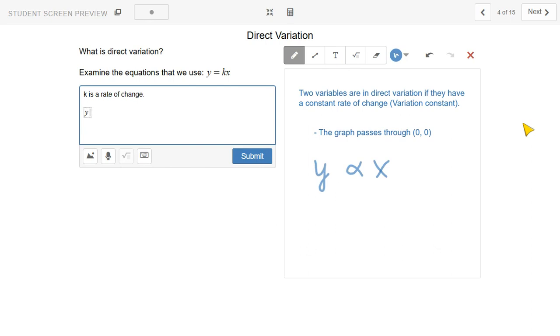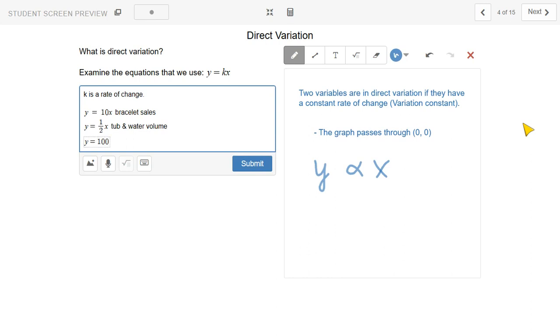So remember, we had y is equal to 10x for our bracelet sale. We had y is equal to half x for our tub and water volume. We had y is equal to 100x for our road trip.